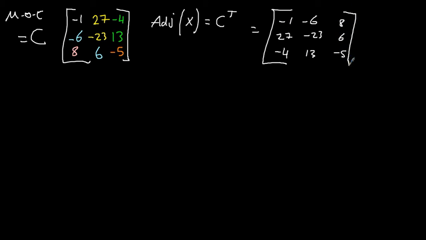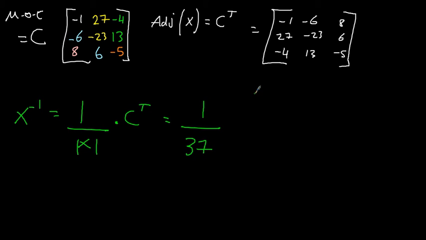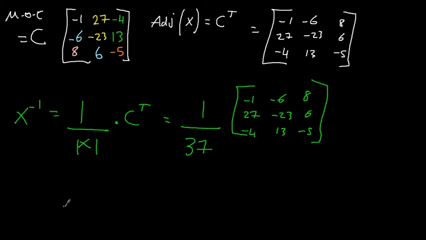That is the adjugate. So we're very close now to finding the inverse, because the inverse of x is 1 over the determinant times the transpose of the matrix of cofactors. So our determinant was 37, and it's that times minus 1, minus 6, 8, 27, minus 23, 6, minus 4, 13, minus 5. Nearly there.